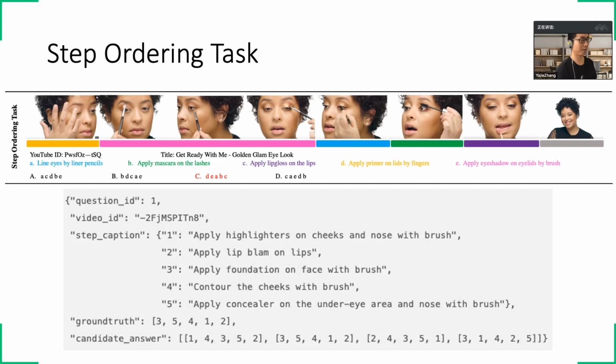Actually, there may be more steps in the video; these are just the chosen 5 steps. We marked the steps as lowercase a, b, c, d, and e, and as in the previous challenge, for each question there are also 4 candidates. We marked them as uppercase A, B, C, and D.